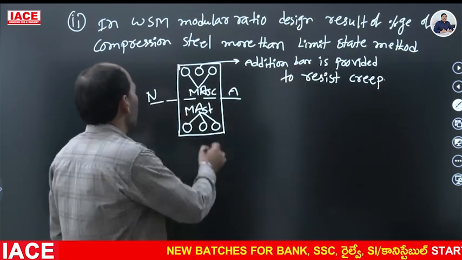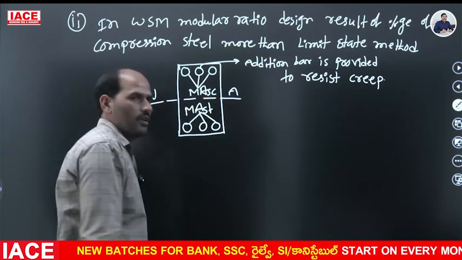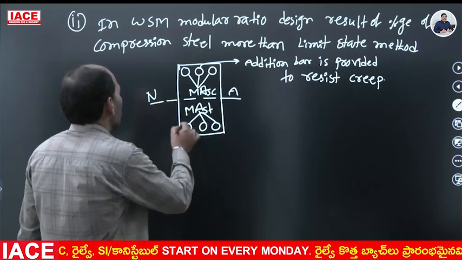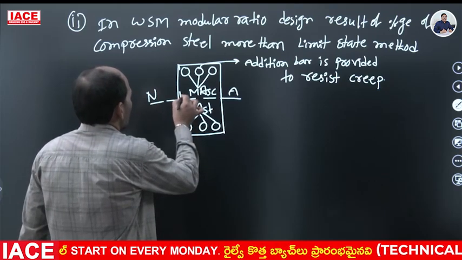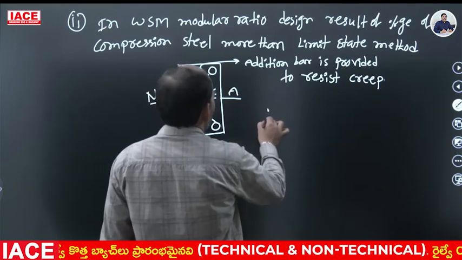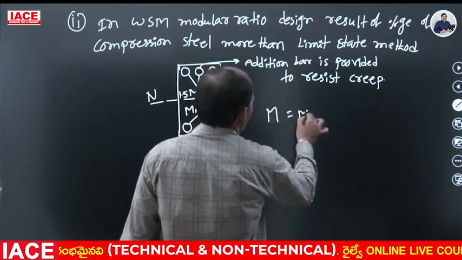So one additional bar is provided, which means in the compression fiber 1.5 times the modular ratio. Here M is equal to the modular ratio.